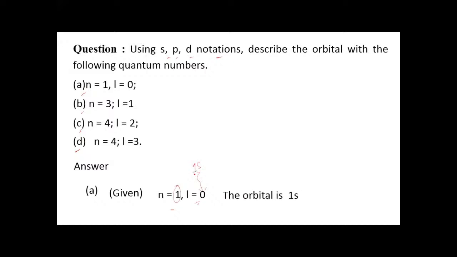Similarly for B part, given value is N is equal to 3 and L is equal to 1. For L equal to 1, it belongs to the subshell P and N value is 3. So the orbital is 3p.